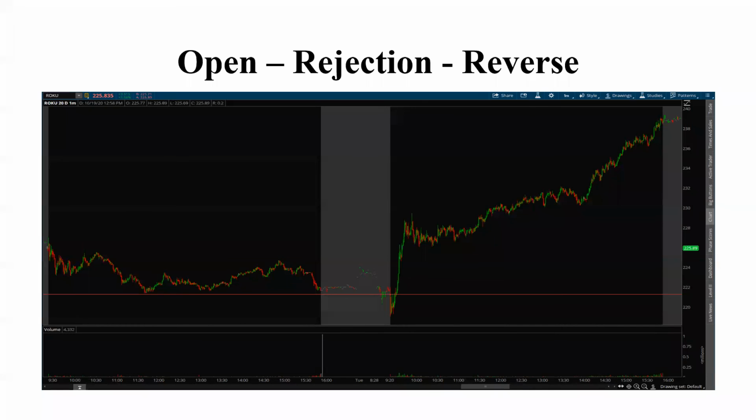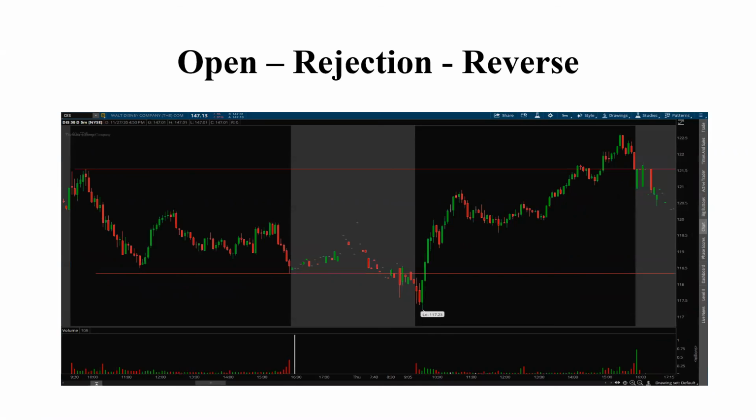You can see here Roku did that. It came back down, tested, went right back through, rejected, came back through the opening print again, and off it went, right back up through the zone. Another one, Disney: it went back down, made a new low, drove itself right back up, an open rejection reverse.